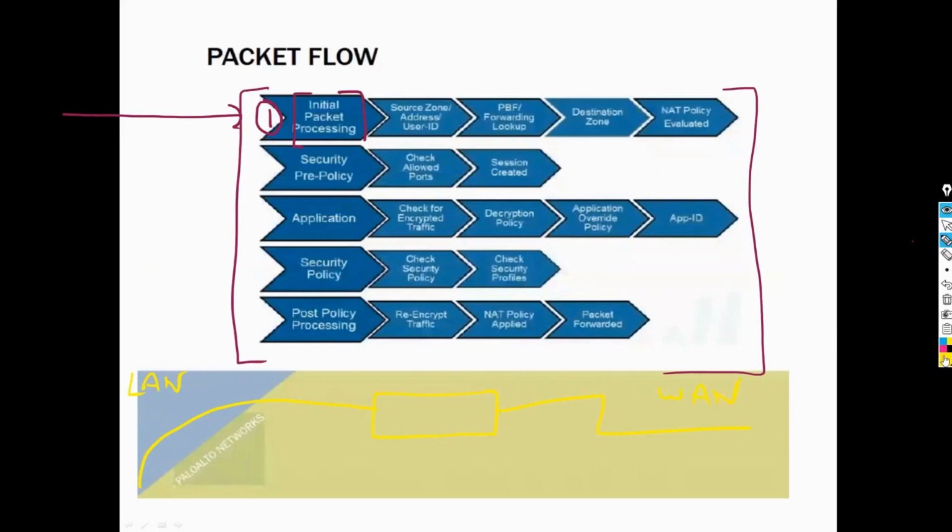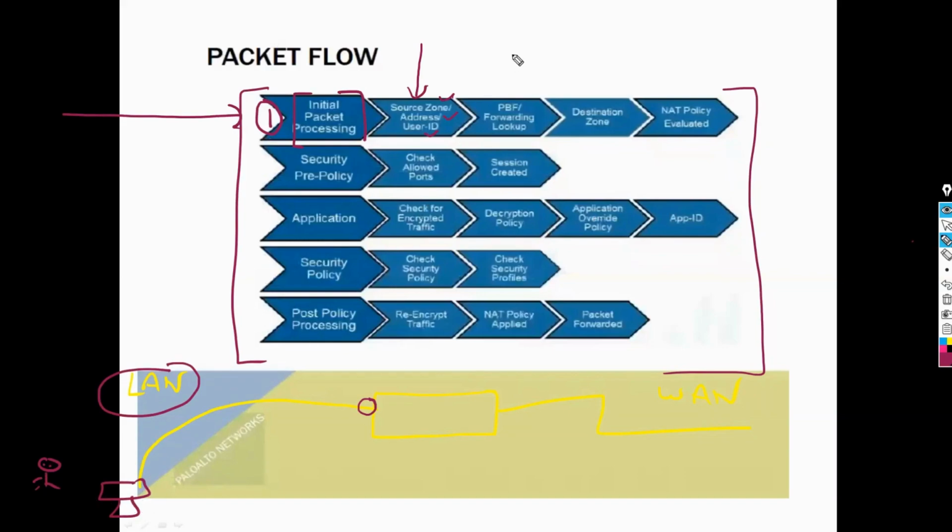When the traffic hits the ingress interface, the firewall first does initial packet processing. It will first check which source zone the traffic is coming from, or which source address or source user. The Palo Alto firewall will check which zone the traffic is coming from and which source address, with which user account.